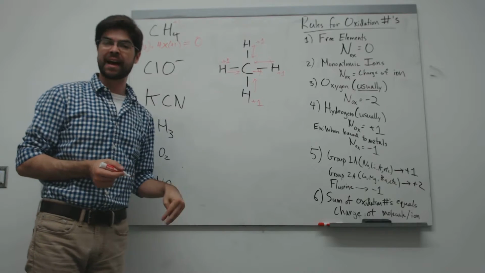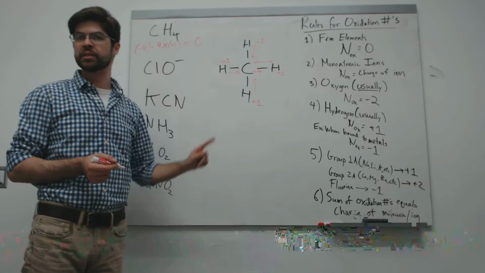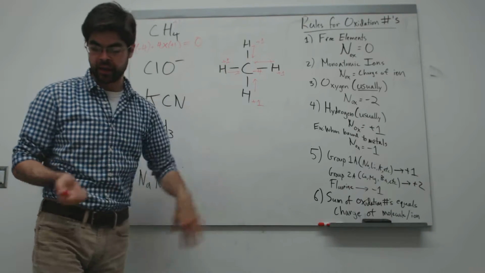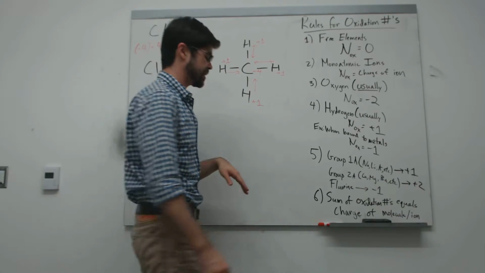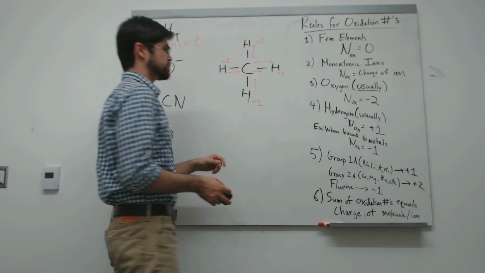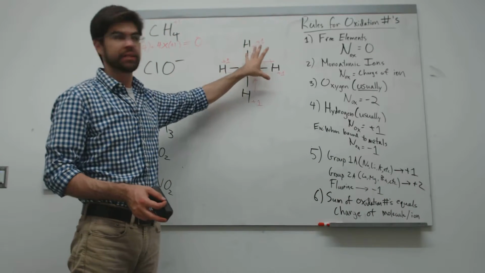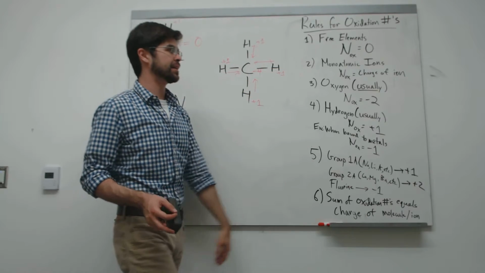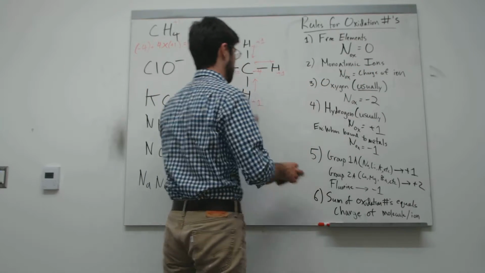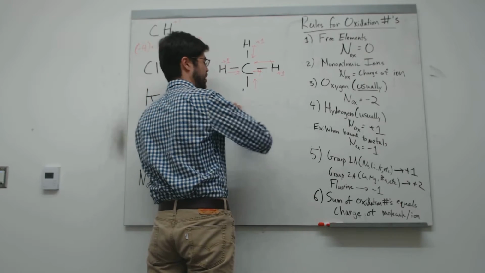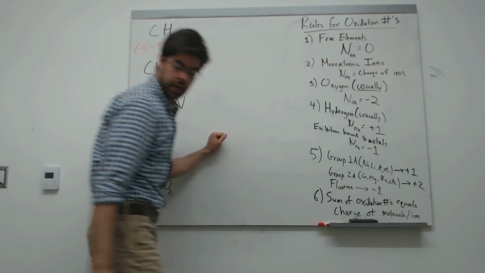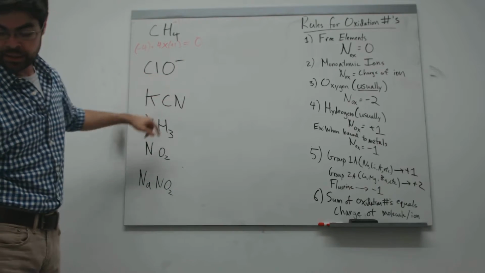I personally sometimes like visualizing this for molecular compounds, the idea of oxidation states as a measure of electron gain or loss, rather than thinking of it exactly like a charge. This is an alternate way to think about oxidation numbers. So I'm going to erase that for the time being. Let's see if I can work through the rest of these here.